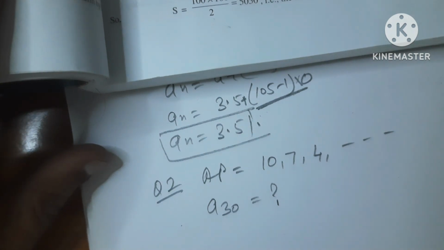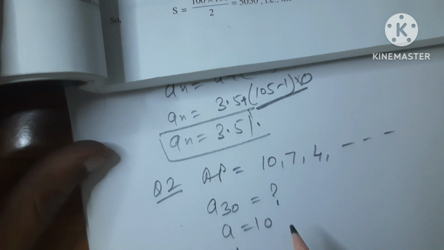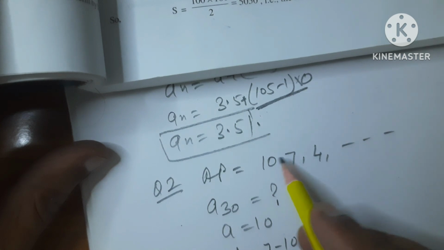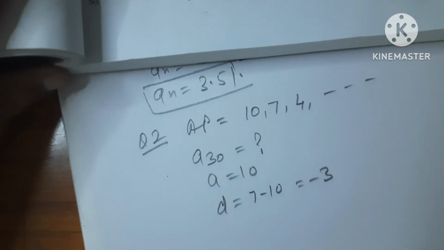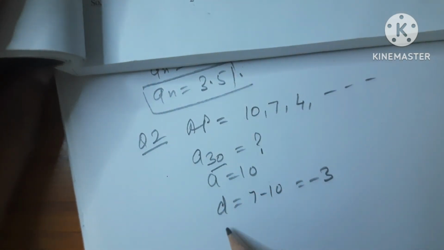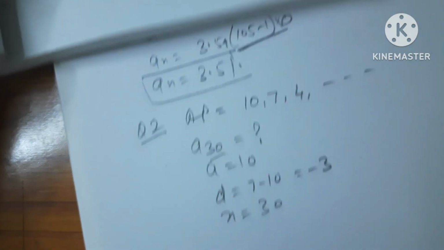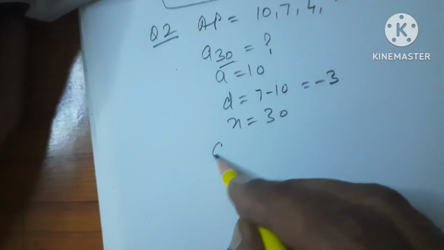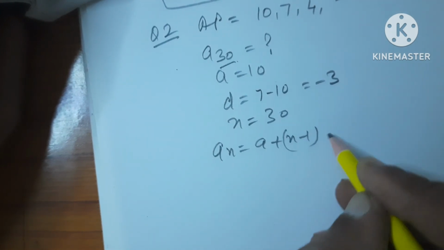So what we are given in this question: a is equal to 10, d is equal to 7 minus 10, succeeding minus previous, it is equal to minus 3. Then n is equal to 30. A30 means n is equal to 30. So I will use the formula an is equal to a plus n minus 1 into d.